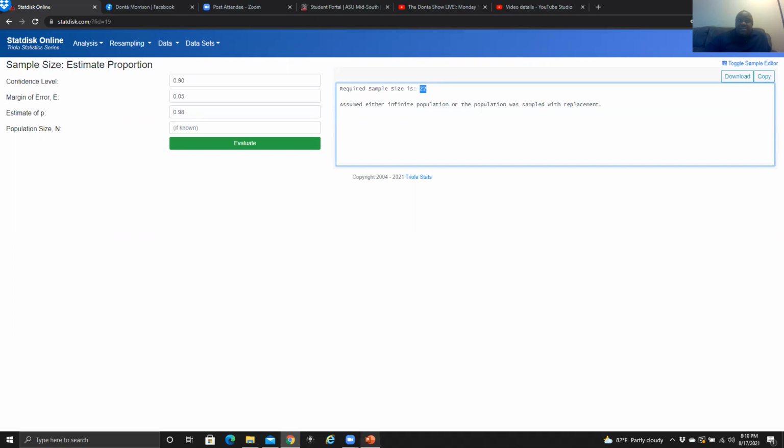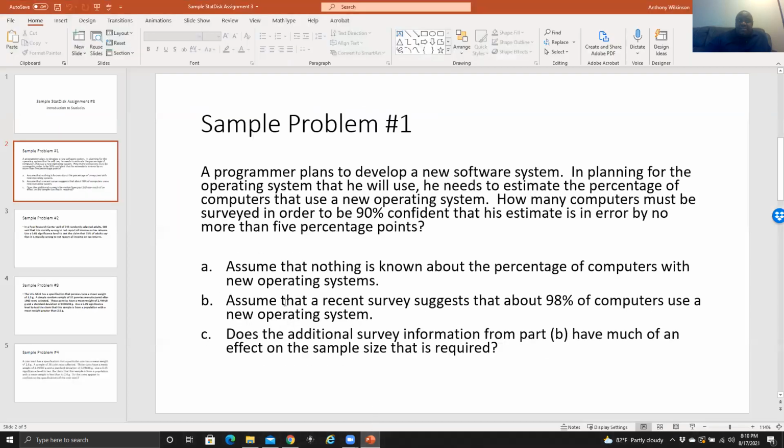Okay, so that answers the question in part B. Assume that a recent survey suggests that 98% of computers use a new operating system. That means 22 computers must be surveyed in order to be 90% confident that his estimate is in error by no more than 5 percentage points. And part C, you can see, does the additional survey information in part B have much of an effect on the sample size that is required?